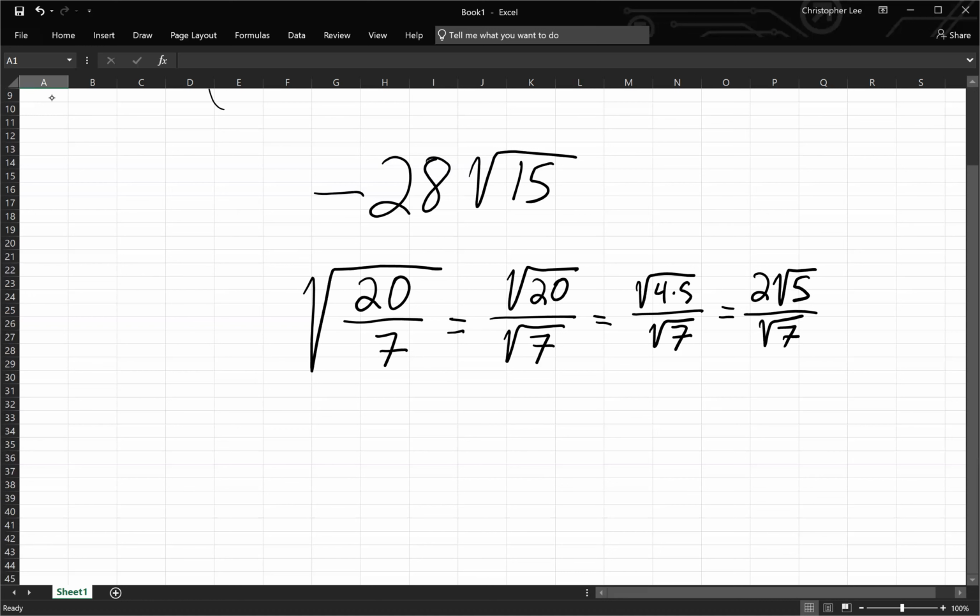Now, to rationalize the denominator, you multiply by the same denominator. If you have square root 7 on the bottom, you multiply by square root 7. And what you do to the bottom, do to the top. Then multiply straight across.